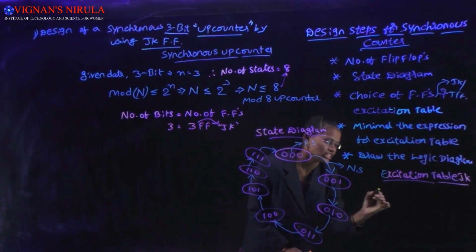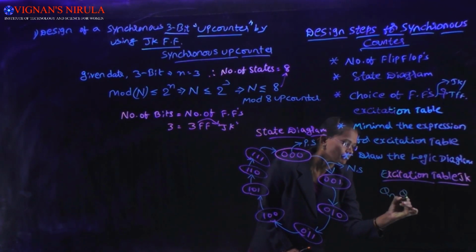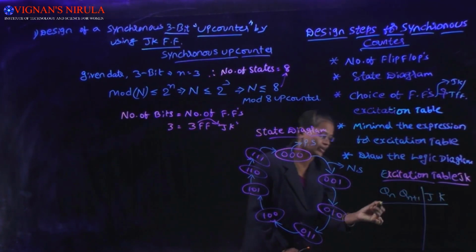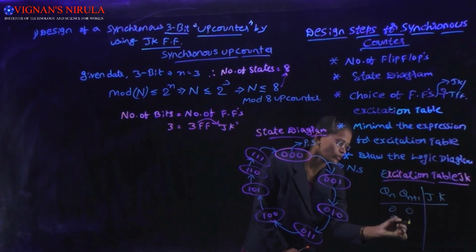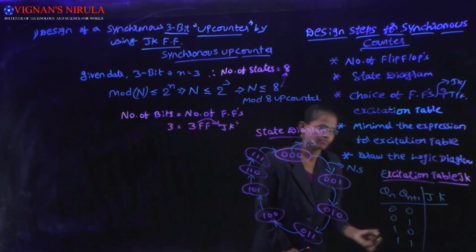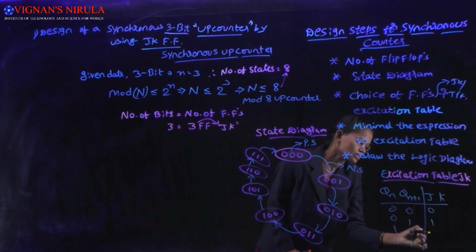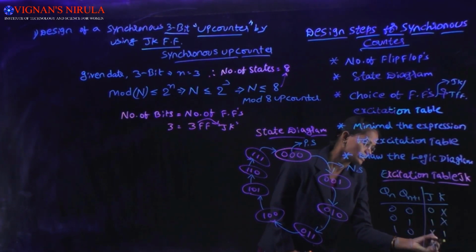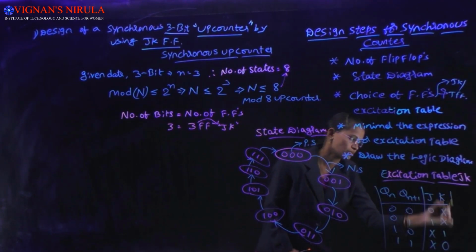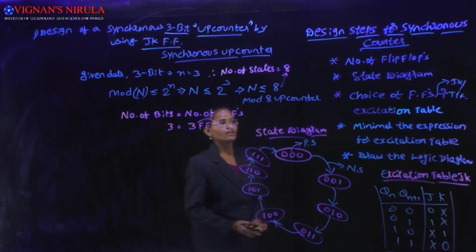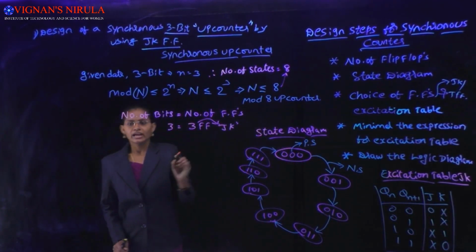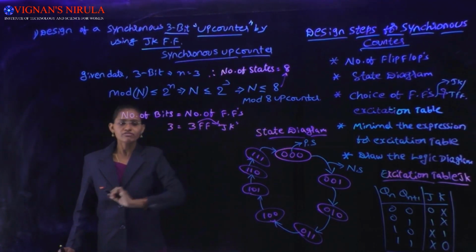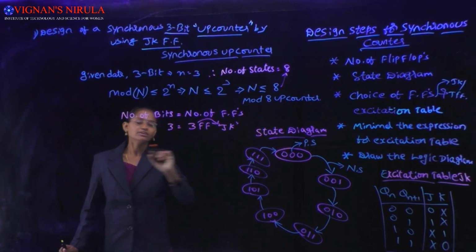Here the excitation table is Qn, Qn plus 1, J K: 0 0 gives 0 x, 0 1 gives 1 x, 1 0 gives x 1, 1 1 gives x 0. This is the excitation table for the JK flip-flop.